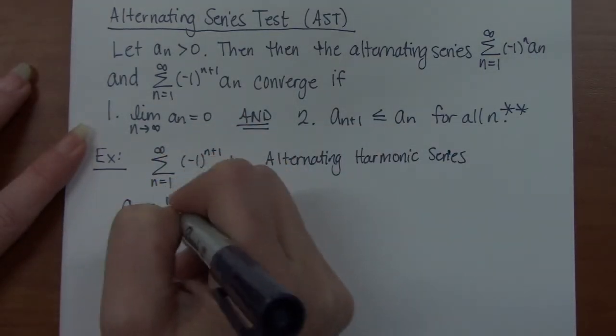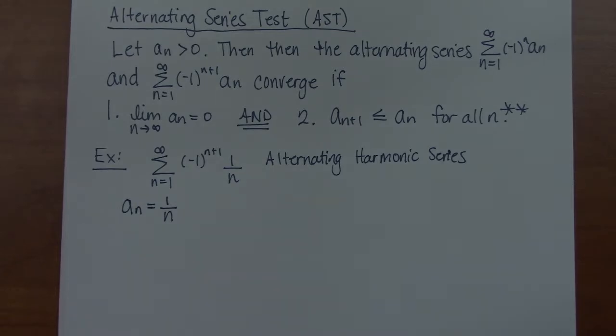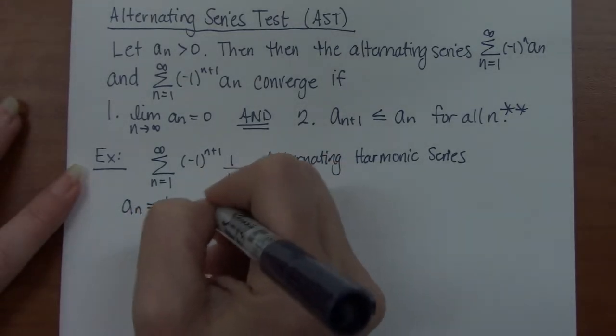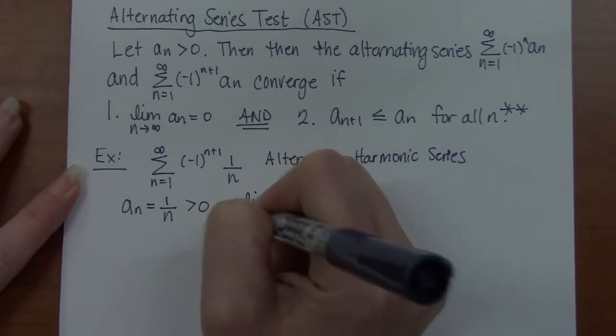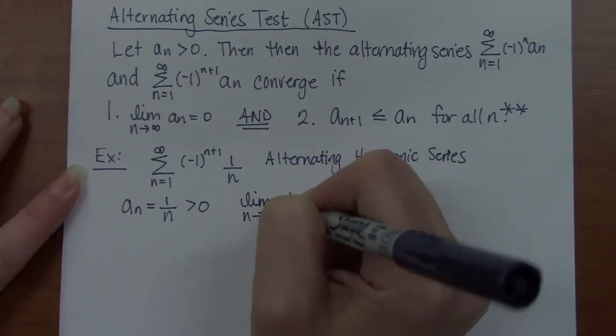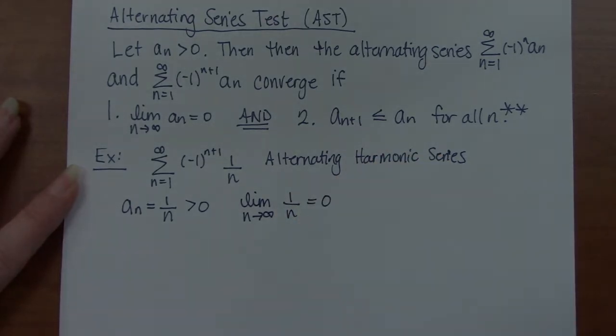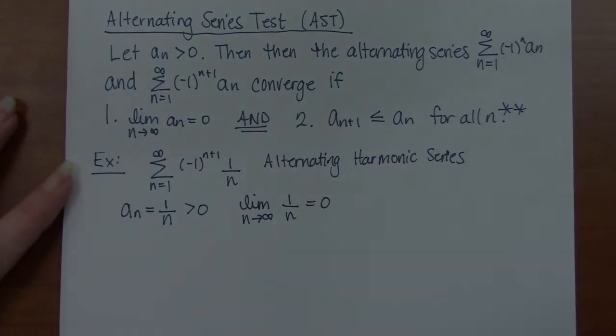So a sub n is all the stuff that's not the -1. Clearly these are going to be positive for all n because we're only plugging in positive values of n, so it meets the first condition. The limit as n goes to infinity of 1 over n is 0, so it meets the other condition.